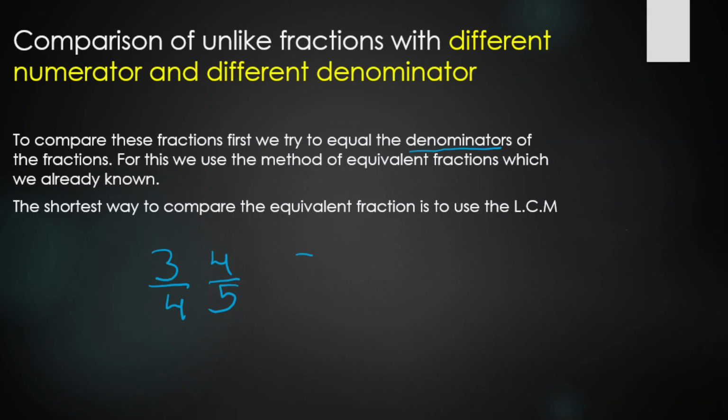Let me write the equivalent fractions. Here we know how to write an equivalent fraction: we can multiply both the numerator and denominator with the same value. Here 3 into 2 is nothing but 6. So the equivalent fractions of 3 by 4 are 6 by 8, and 9 by 12, and 12 by 16, and 15 by 20.